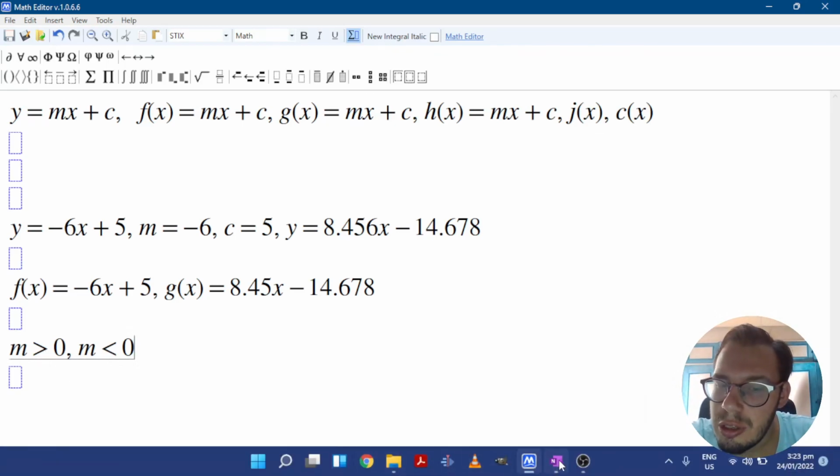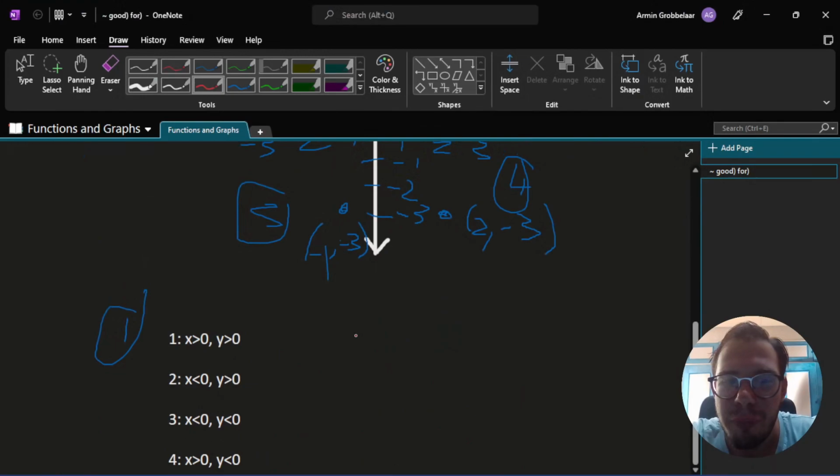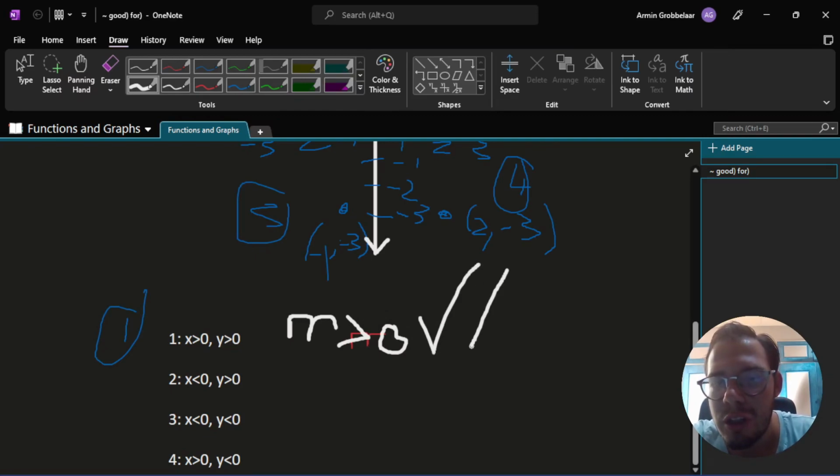So how I like to think about it, if m is greater than 0, then I think about a check mark. So then the function will have a positive gradient. It will go from the bottom left to the upper right.